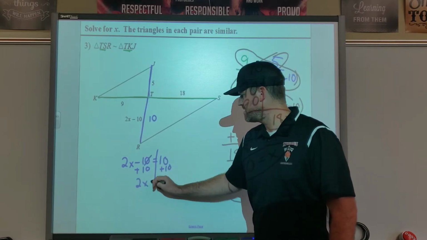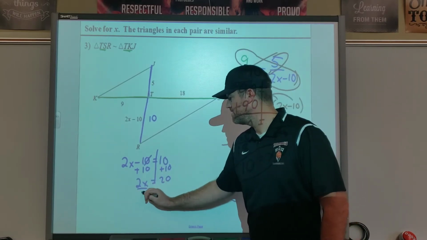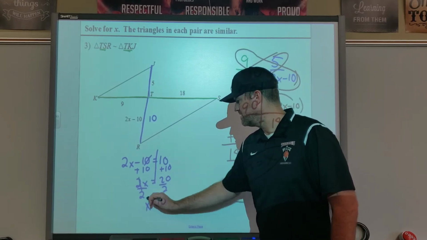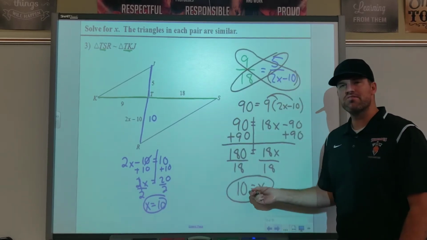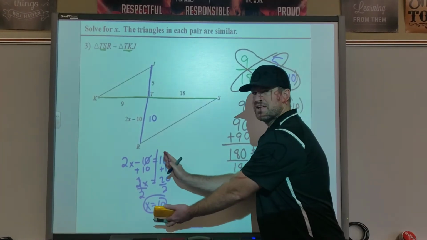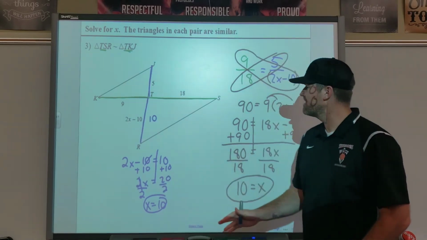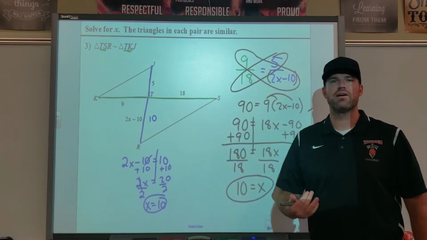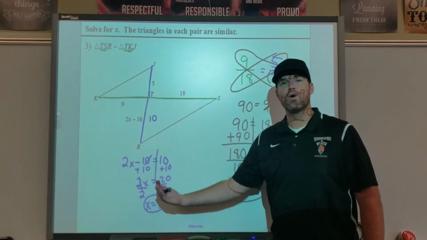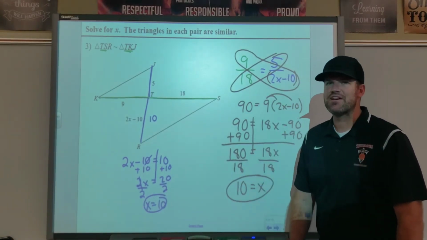Then I get 2x equals 20, x equals 10. So same answer that I got using the proportions. Again, if this didn't make sense, don't worry about it. As long as you can set up a proportion, you'll be able to solve these problems. But I do like to point out that there are some other ways using what we know about scale factor.